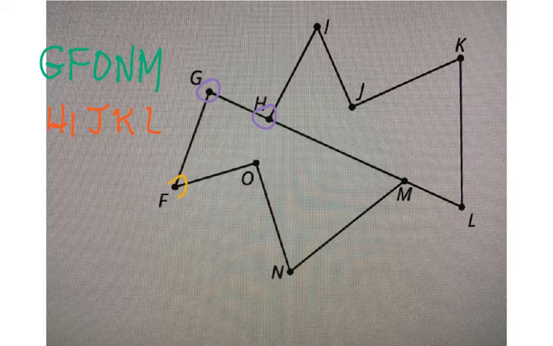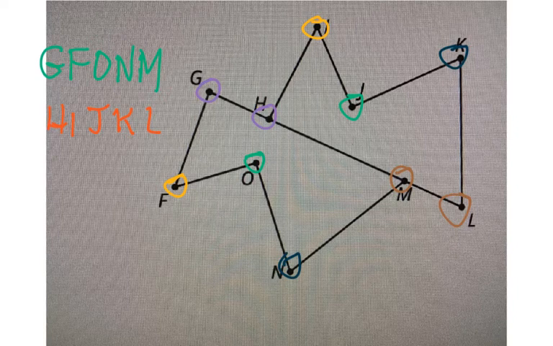I've already used purple, so let's use green for O and J. And then N and K, let's make that dark blue. The last two, M and L, I'll make brown. All I did was translate and reflect.